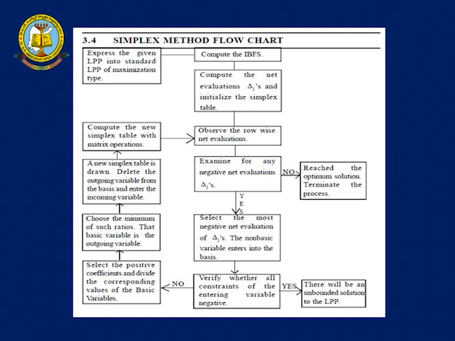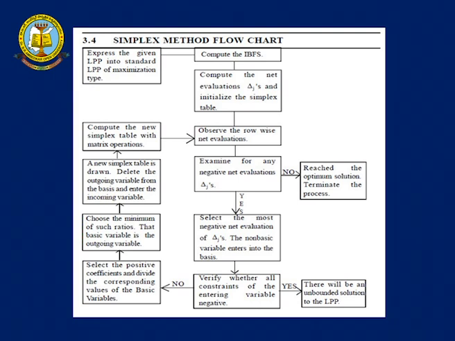Verify whether all the constraint entries are negative or not, select the positive coefficients and derive the corresponding values of the basic variables, and choose the minimum of such ratios. That basic variable is the outgoing or leaving vector from the basis.